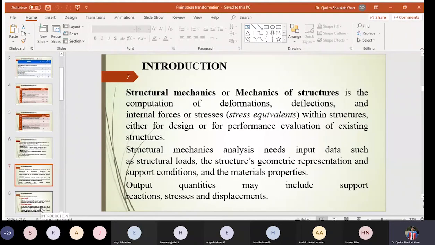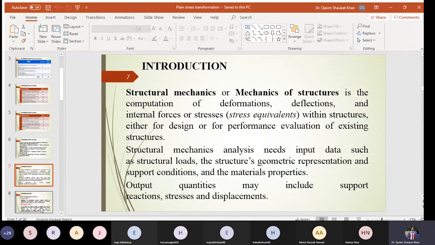Okay, so now let's start with the introduction of the subject, structure mechanics. Structure mechanics or mechanics of the structures is computation of deformations and deflections and stresses or internal forces.